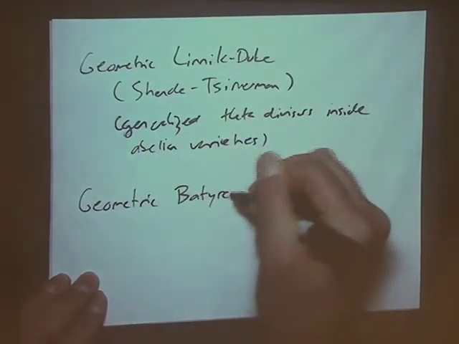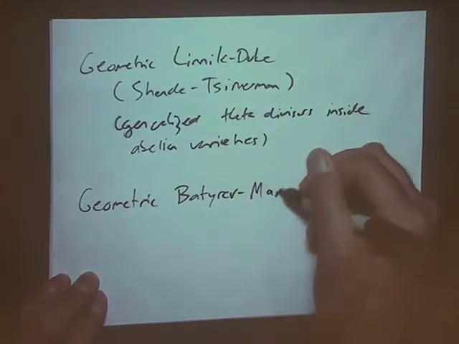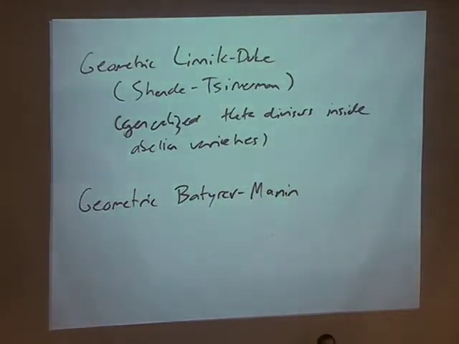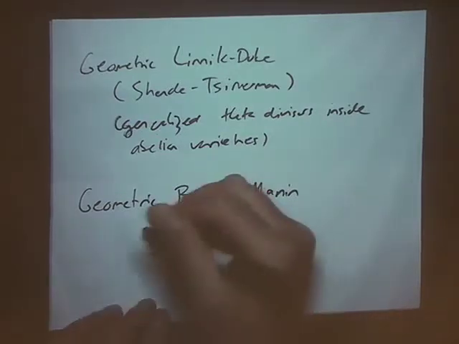And finally, I'll mention something I like a lot, geometric Batyrev-Manin. I mentioned at the very beginning that one of the most famous classes of problems in arithmetic statistics, which is not so much what we're talking about at this workshop, asks about rational points of bounded height on a variety and the asymptotics of that. The function field version would be to take some variety and look at its points over F_q(T).